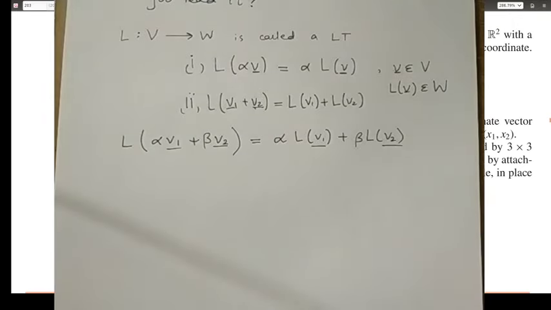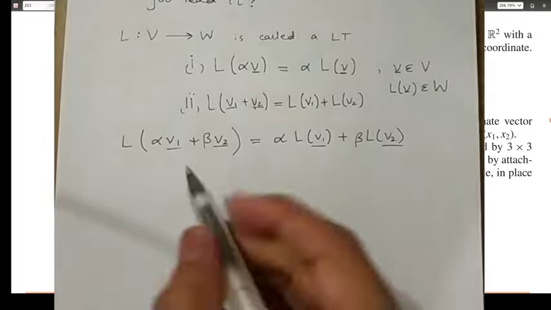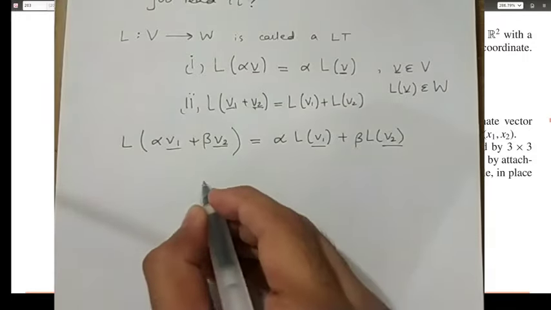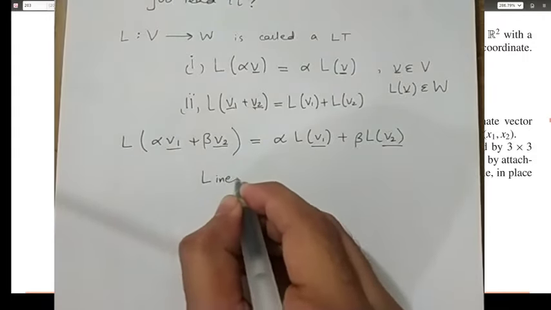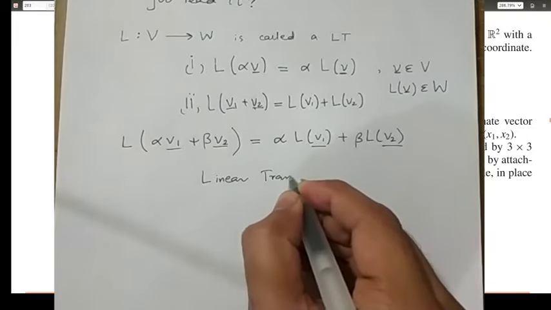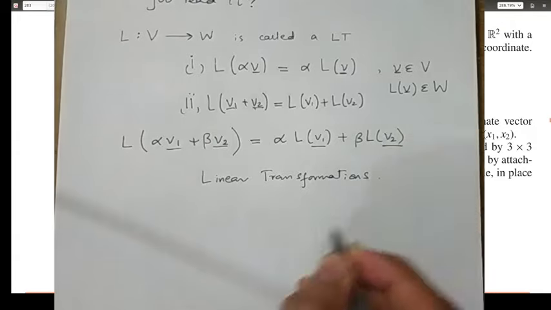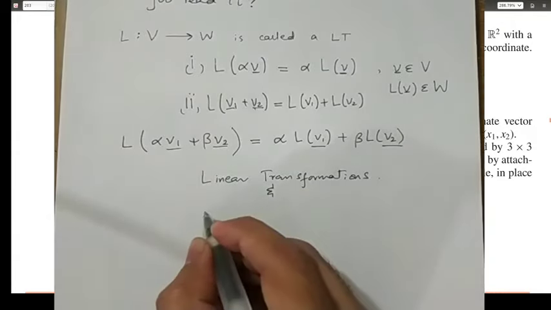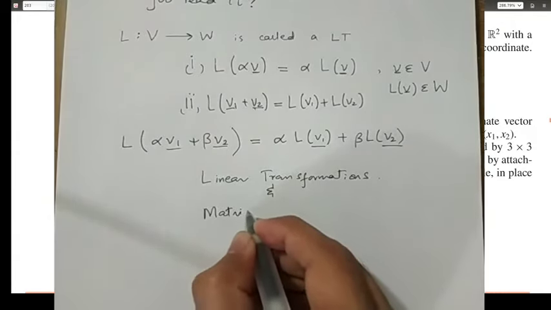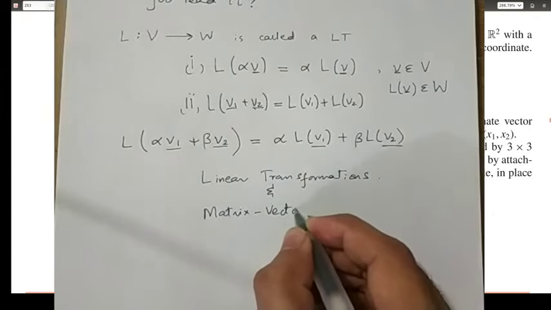And something that I introduced in the last lecture, but left hanging, was that there's a relationship between linear transformations and matrix vector multiplications.